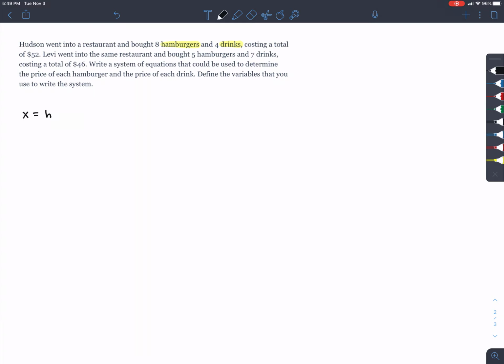And actually, let's say that it is number of hamburgers. And y is equal to number of drinks.